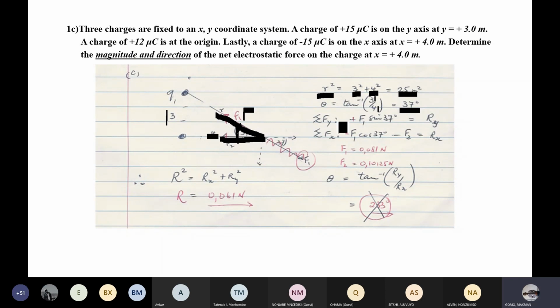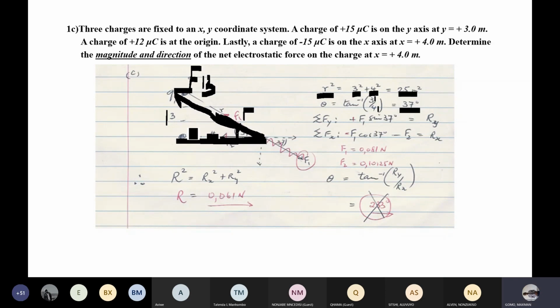Okay, then when you do that, now you do what we call resolving. Now you need to resolve. What is it that we mean when we say resolving? Remember, you have this force that we said is F1 on 3.